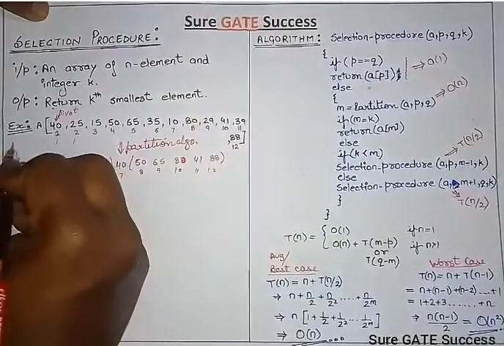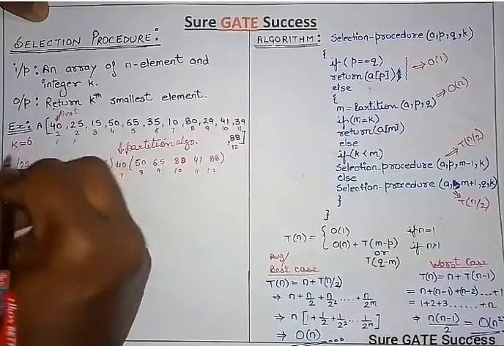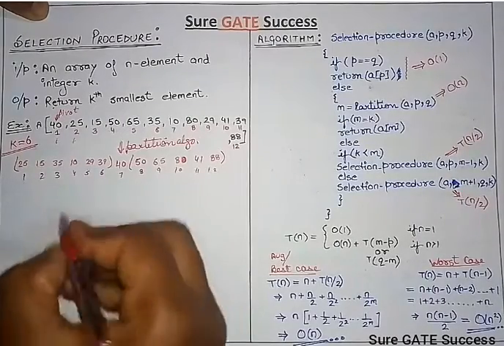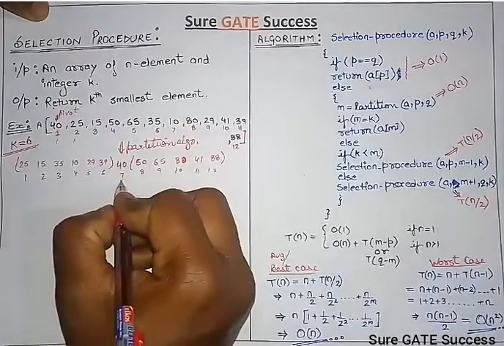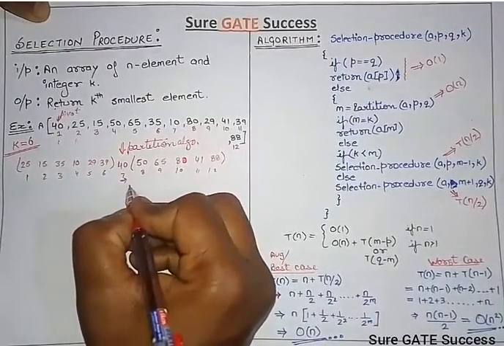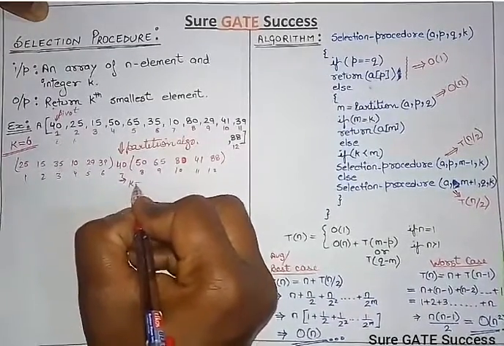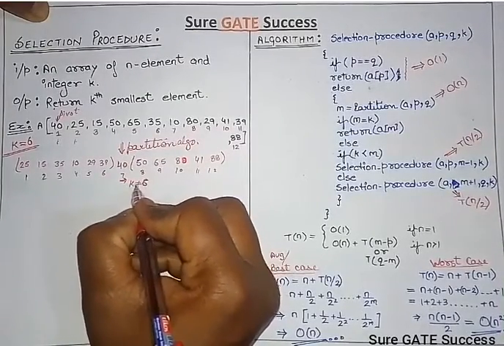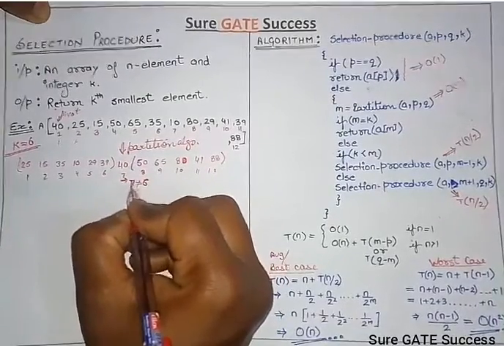We have to select the sixth smallest element. So for the sixth smallest element, we compare 6 with this position. So 7 is not equal to 6.